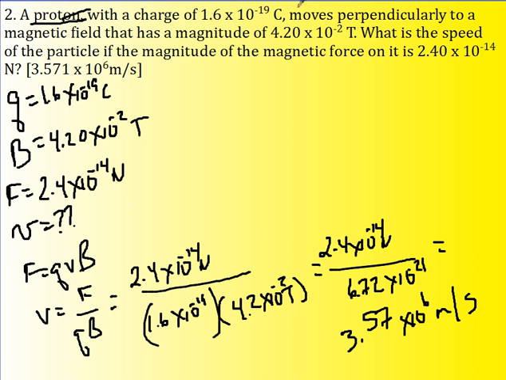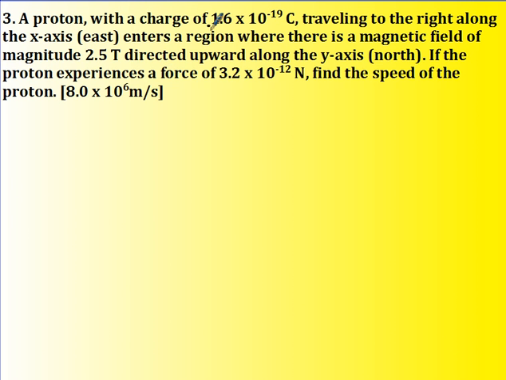Let's check our directions. Oh, I don't really have directions here, so don't worry about directions. But in this unit, we're always worried about directions, so make sure you check. A proton with charge 1.6 times 10 to the negative 19 coulombs. So Q is 1.6 times 10 to the negative 19 coulombs.